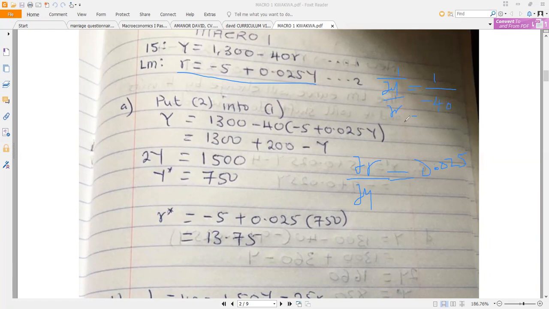The minus just means there's an inverse relationship between interest rate and income. So what is 1 over 40? What is the value of 1 over 40?